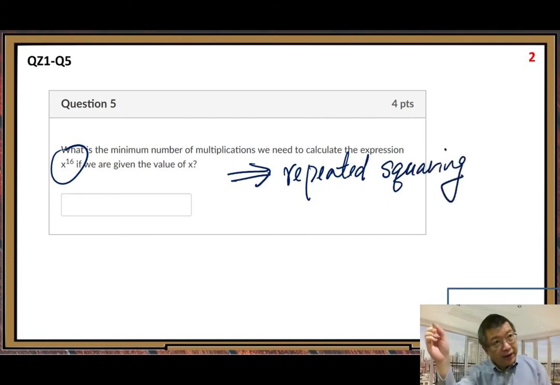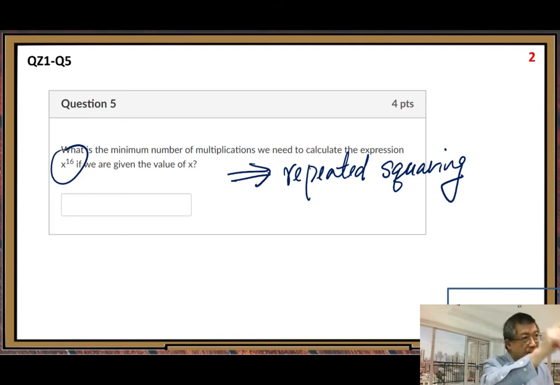Repeated squaring technique, right? 2 to the 4th corresponds to 4 multiplications. Square, you need a 1, right? So you can write it: the first multiplication, we calculate the square; the square of the square, second multiplication, x to the 4th.